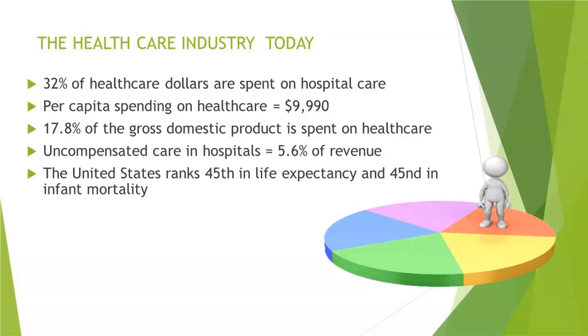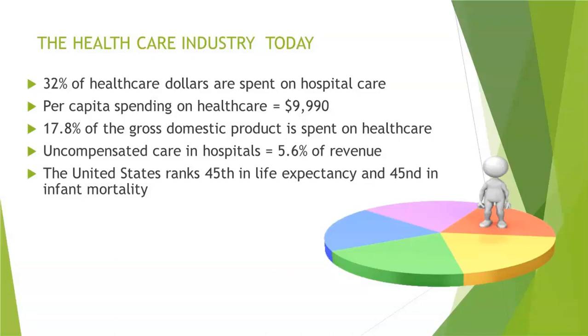Uncompensated care, now that can be charity care or that can be folks who are partially paying, things like that, 5.6% of revenue. So again, most businesses would not be able to sustain themselves by losing 5.6% of their revenue for services already provided. And these numbers, the last bullet, were updated just recently.